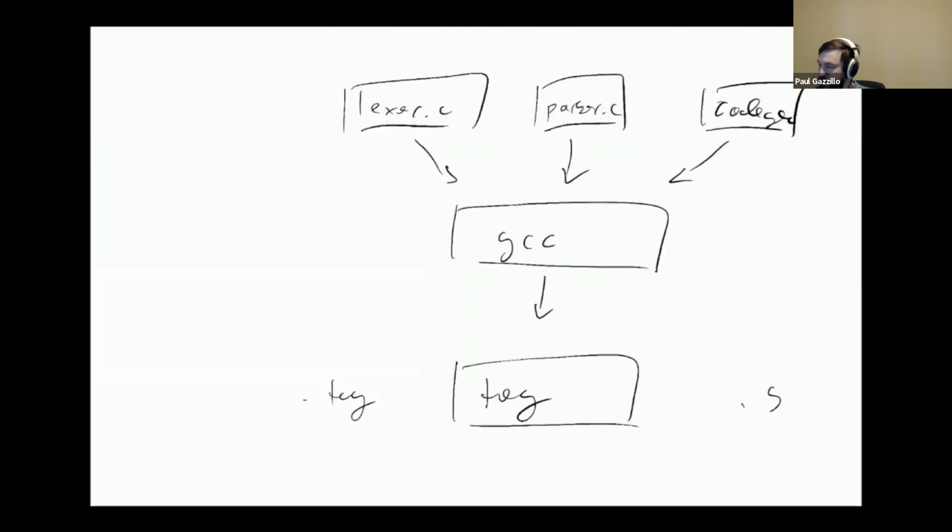And writing the lexer and parser are particularly tedious things to do. So what I introduced last week is the Flex tool, which can generate lexers for us, and the Bison tool, which can generate parsers for us.